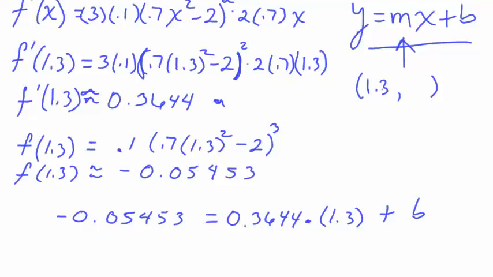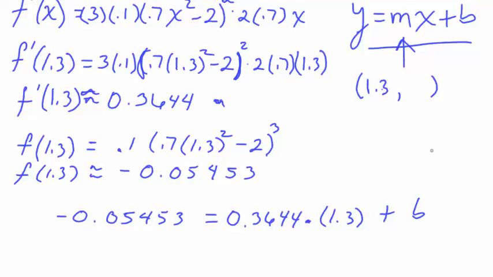So let's do that. We're going to take this stuff here and bring it over. Surely you know how to solve for b in this problem. So we're going to have a minus, and I'm going to take the answer I wrote down, 0.5453, minus 0.3644 times 1.3.